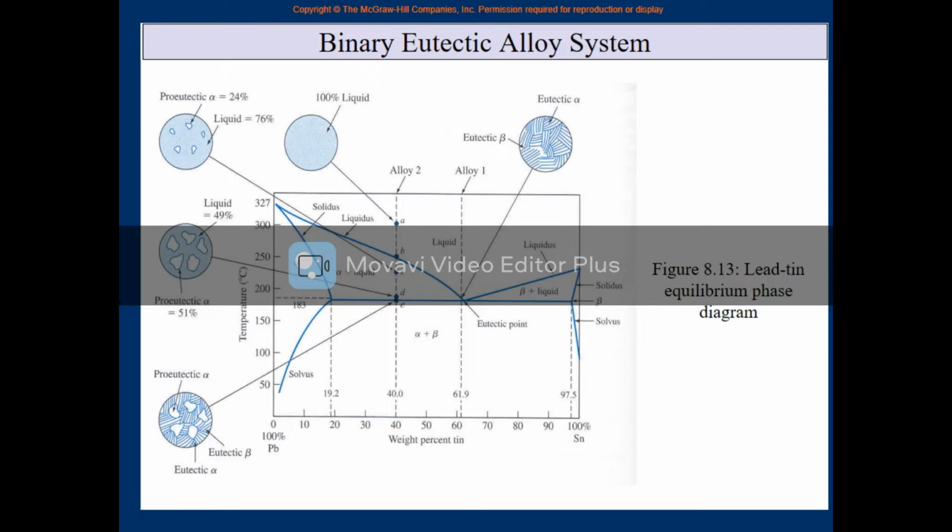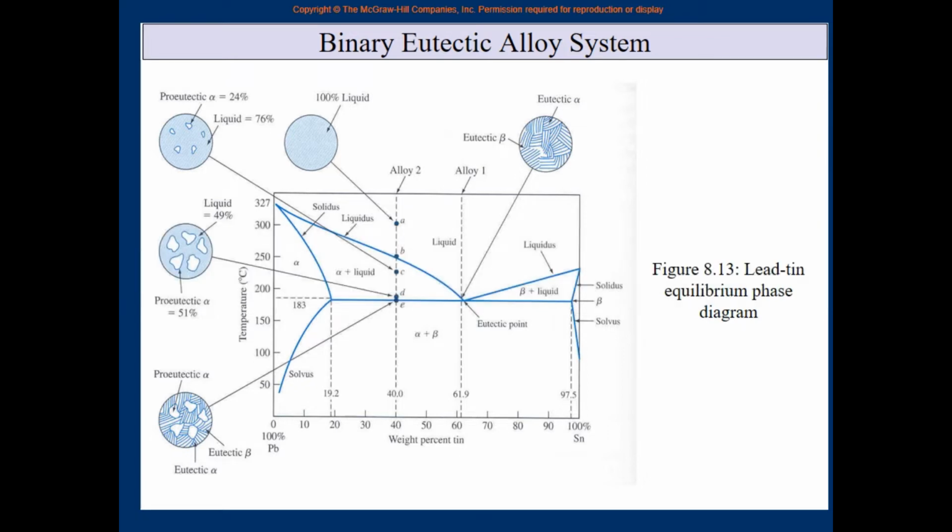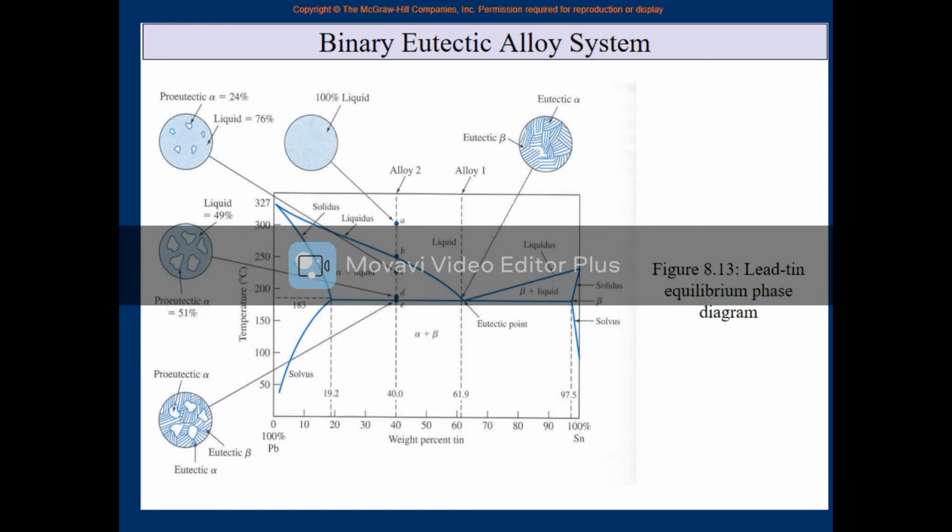The first question is, what are the phases present? Second question is, what is the composition of the phases? Third question is, what is the mass fraction of the phases using lever rule? Fourth question, can you draw a simple diagram showing the structure of the phases? So let us do it.